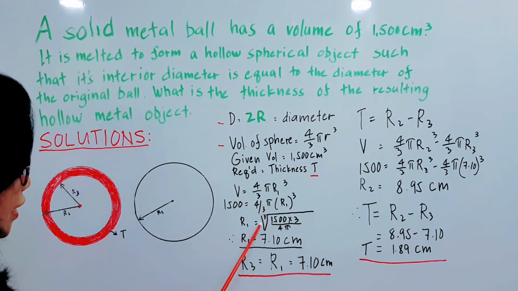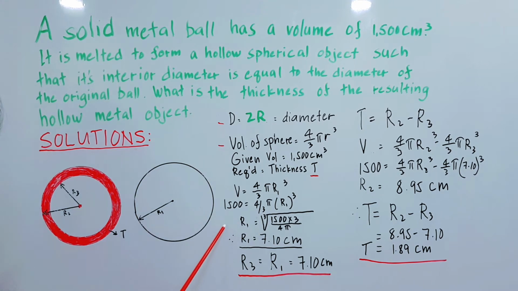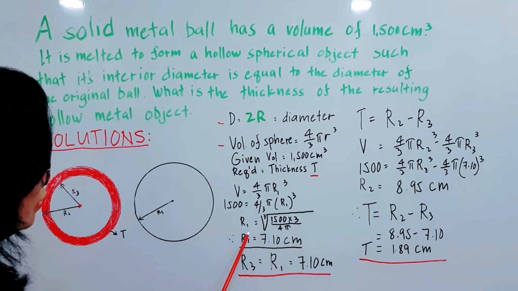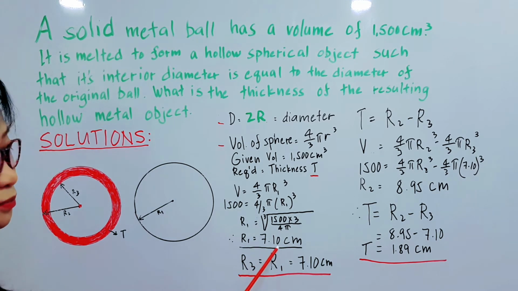Therefore, substituting the values and solving this, R1 is equal to 7.10 centimeter, which according to this one, the interior diameter is equal to the original ball.